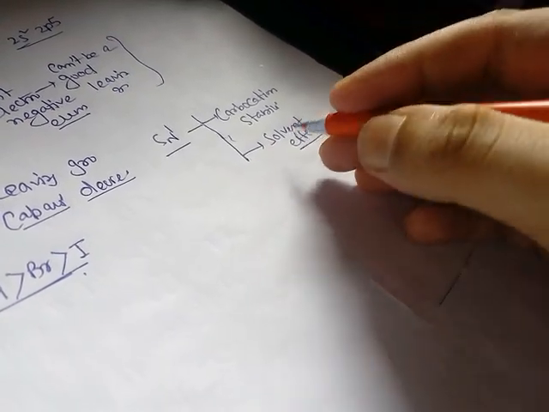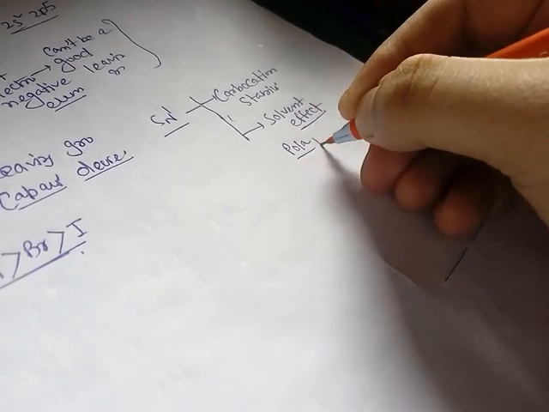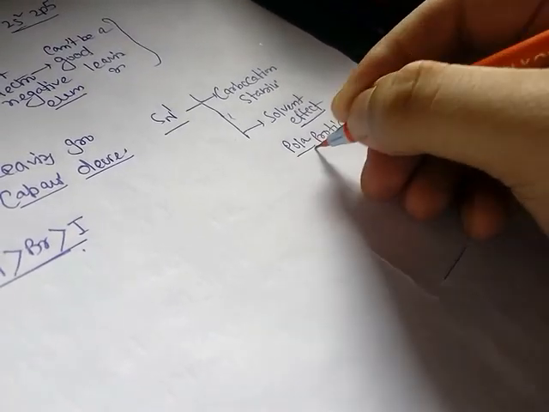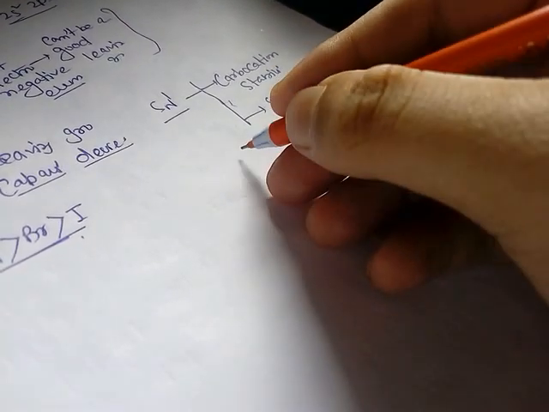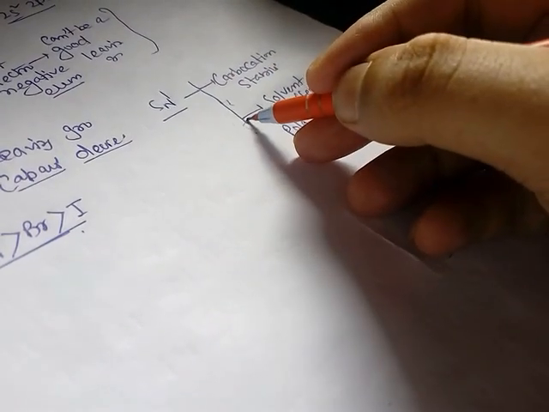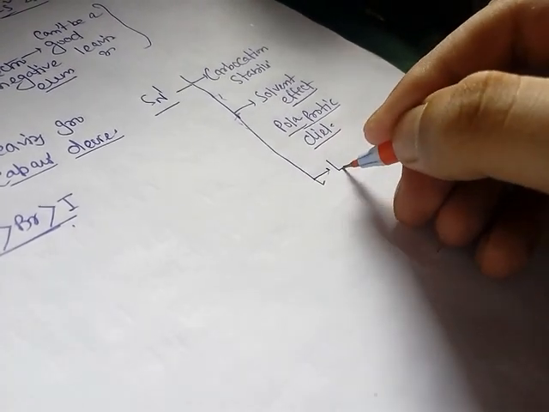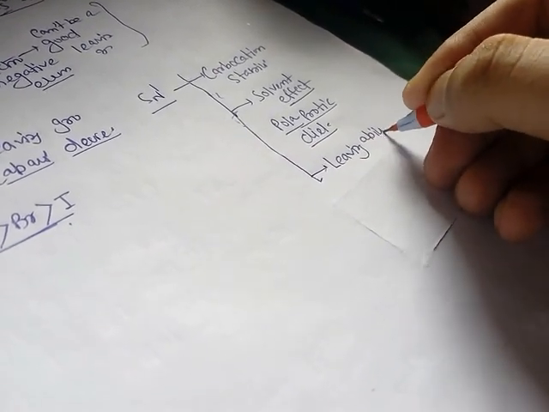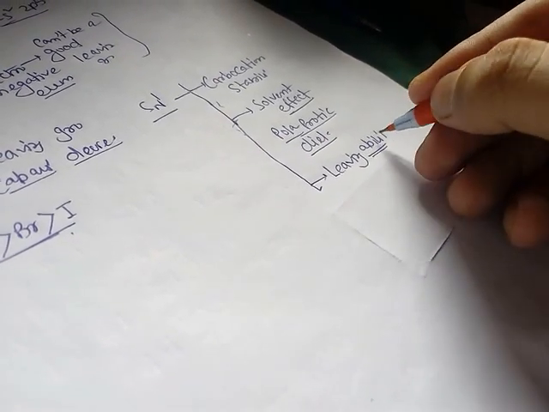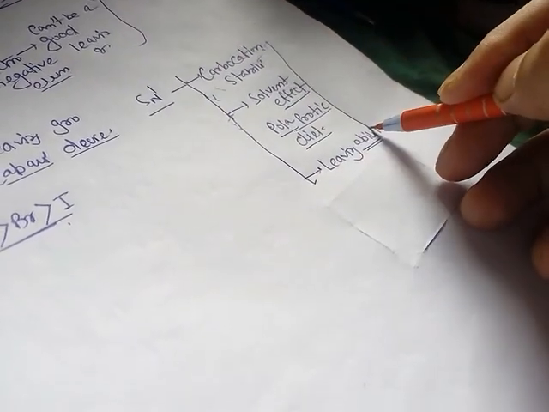Remember one thing here, the solvent must be polar protic with high dielectric constant. And the third one is leaving ability. These are the three most important points in case of an SN1 reaction.